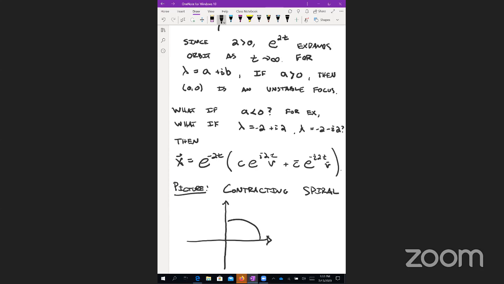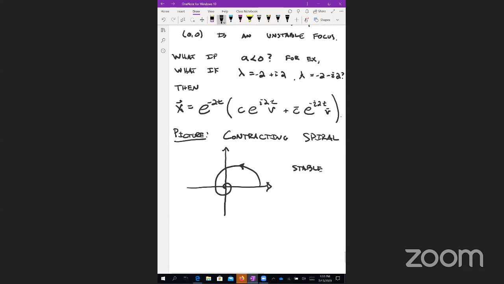So roughly we're going to have something that looks like this. And this is a stable focus. Okay, any questions?